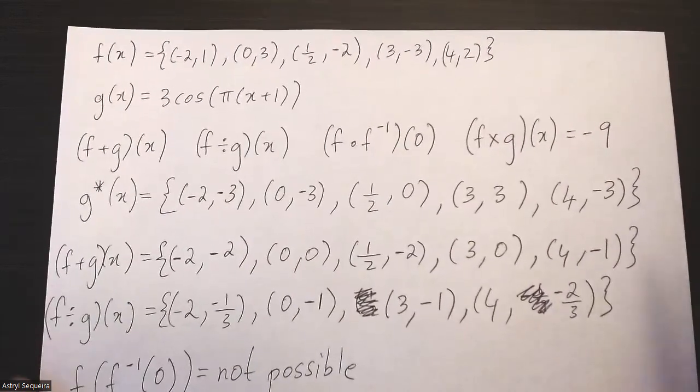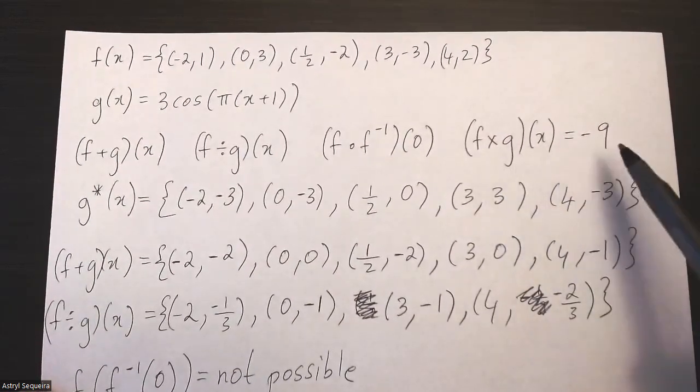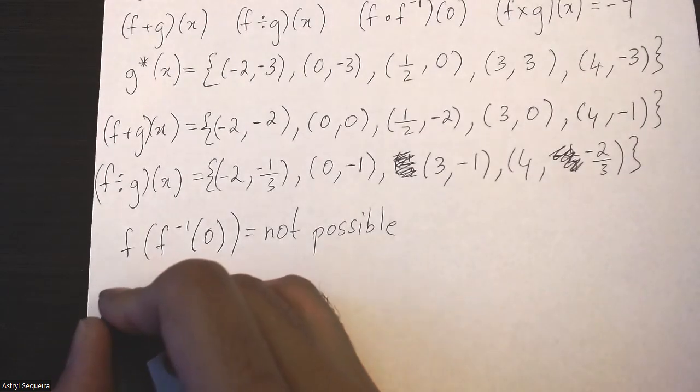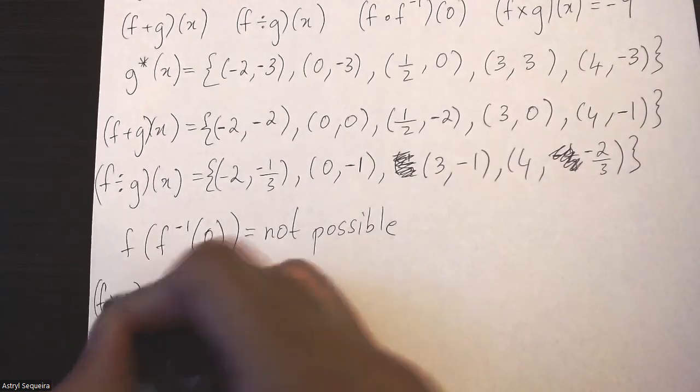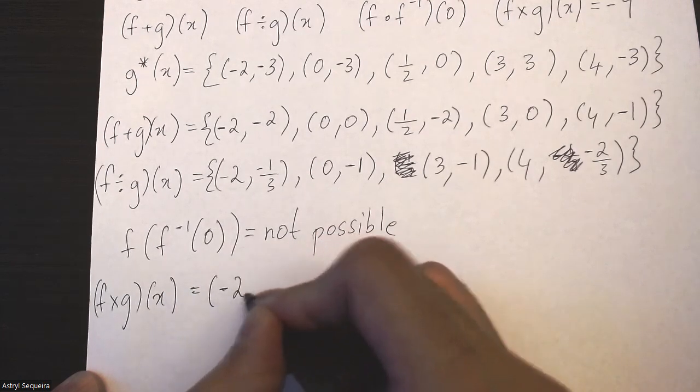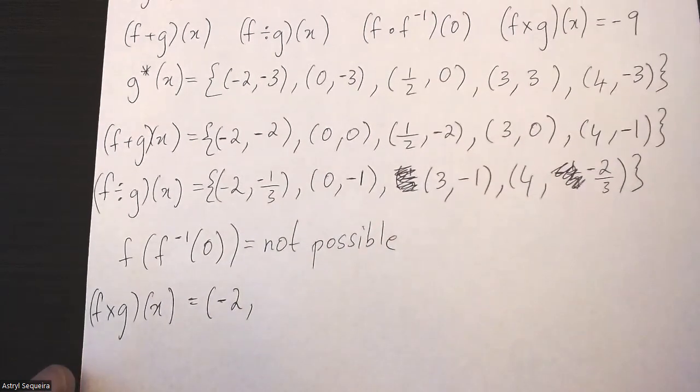And for the fourth question, I want to find where f times g of x is -9. So let me do f times g of x first. Over here, f times g, exact same process as addition and division. X values don't change, and we're just multiplying the y values.